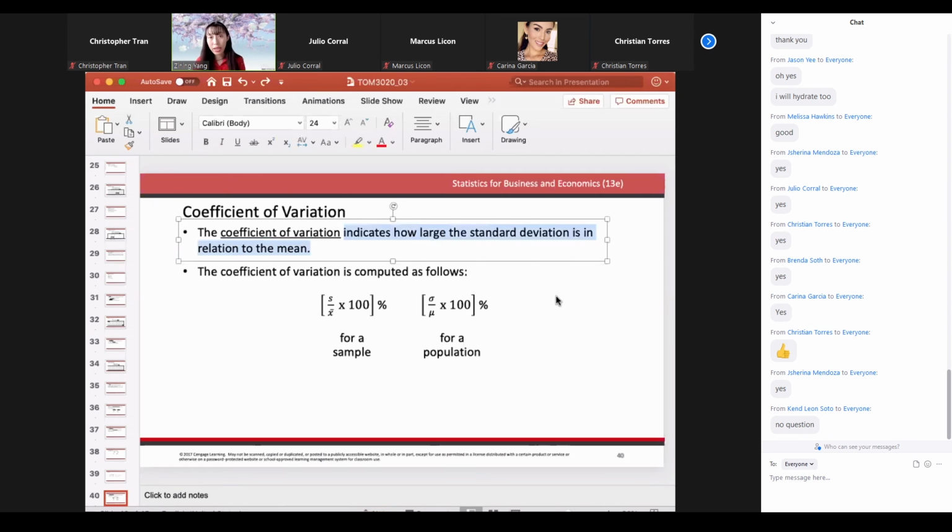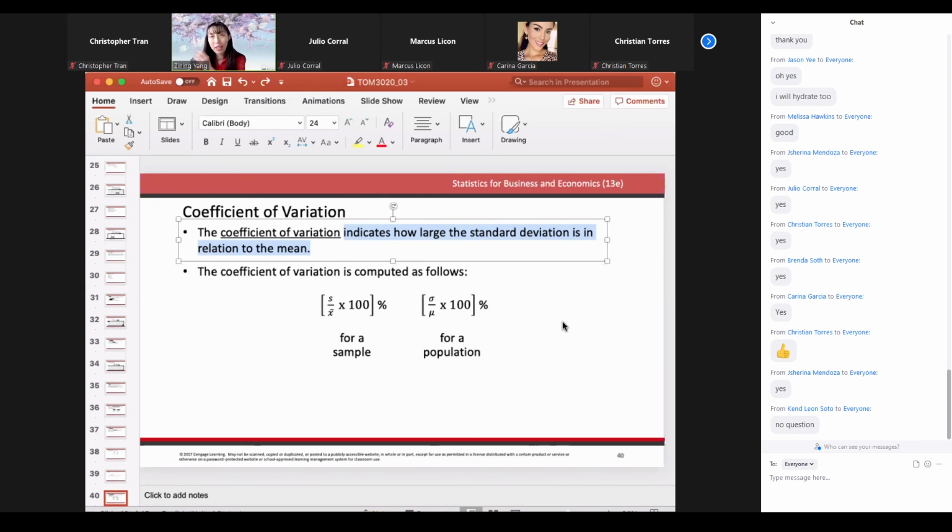So it indicates how large the standard deviation is in relation to the mean. So that means relatively, right, given the level of the mean, is this a large standard deviation or a small standard deviation? If it's a large value, it means there's a lot of variability in this data set.